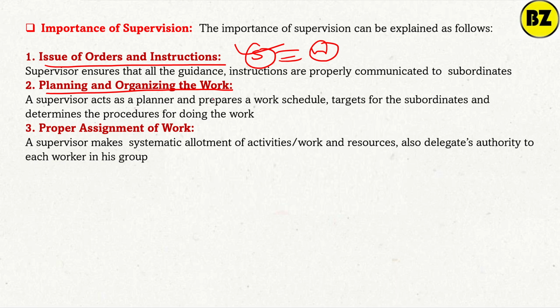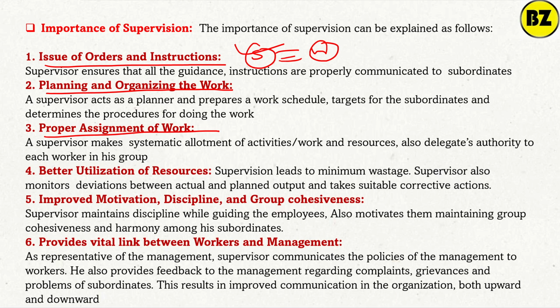The supervisor prepares the schedule and different targets for individuals, so planning and organizing work is done by the supervisor. Then proper assignment of the work. The supervisor makes a systematic allotment of work and activity, promotes effective utilization of resources, and can also delegate authority to different workers in the group.